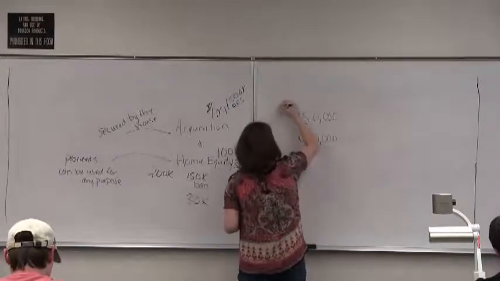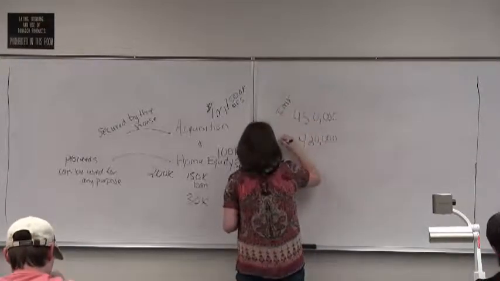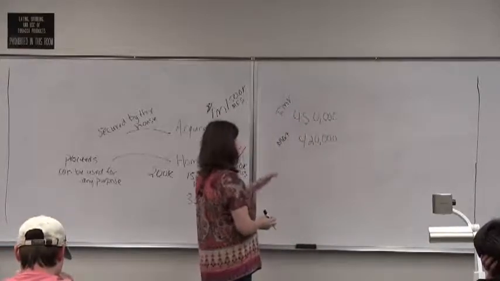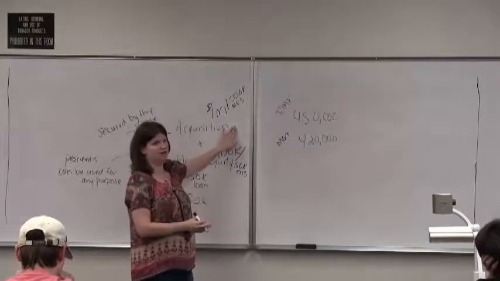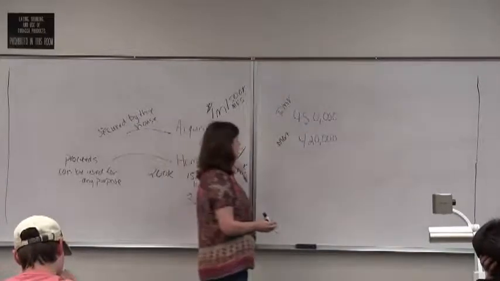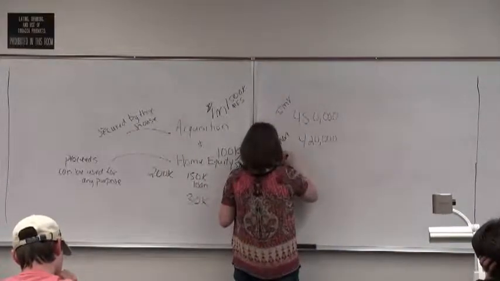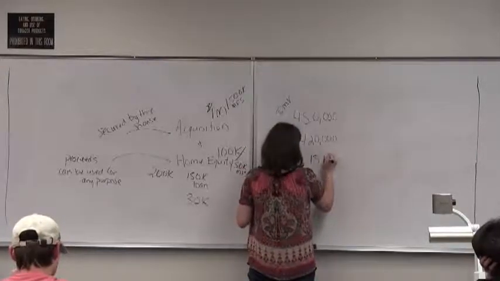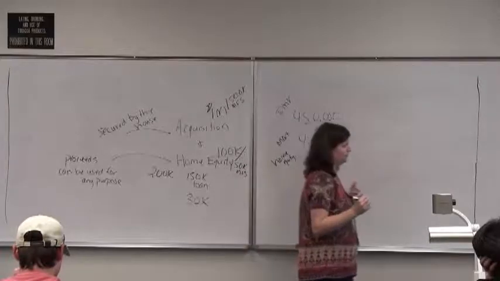So this is the fair market value. This is the mortgage. First mortgage means that's the acquisition indebtedness. Then he takes out a home equity loan of $15,000 and buys a car.